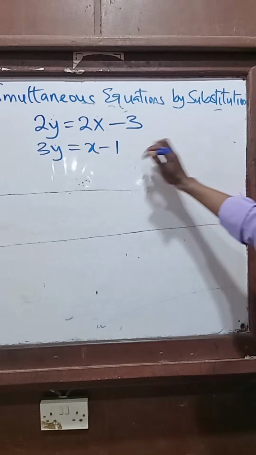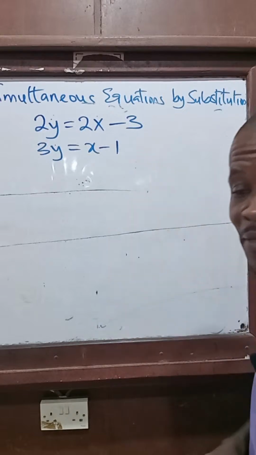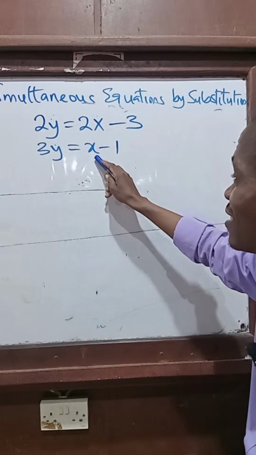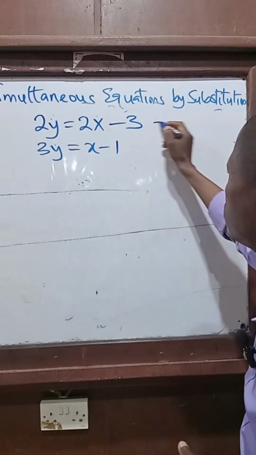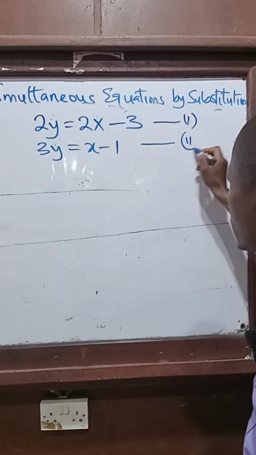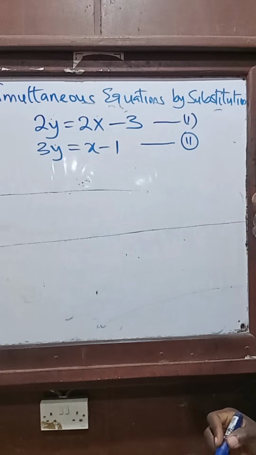We have 2y equal to 2x minus 3. We have 3y equal to x minus 1. Call the first equation, equation 1. The second equation, equation 2. Okay?